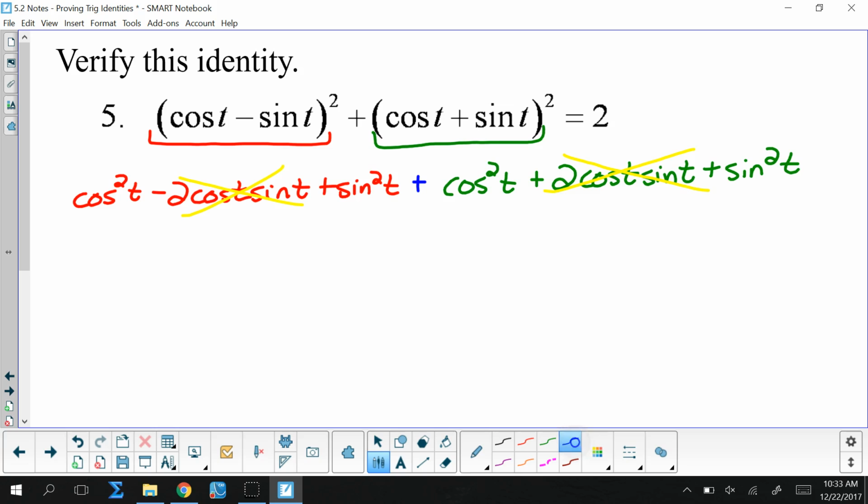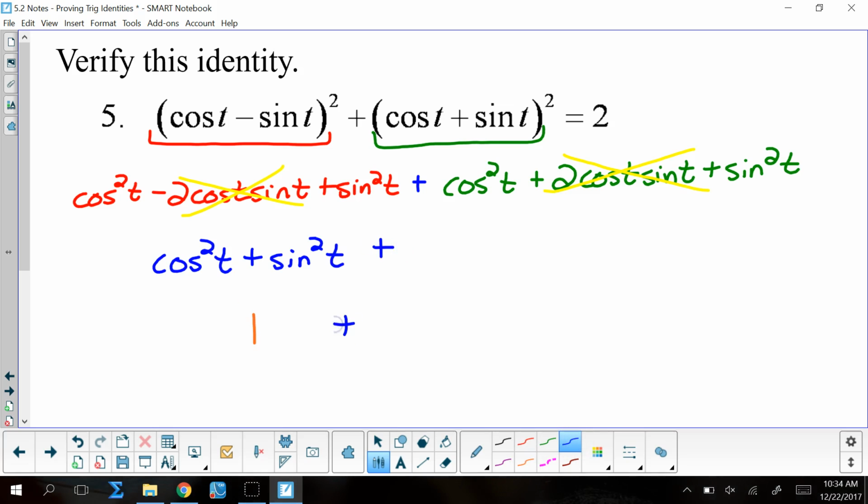So that leaves me with cosine squared of t plus sine squared of t, which is what? That's 1, plus cosine squared of t plus sine squared of t, which is 1. And 1 plus 1 is 2.